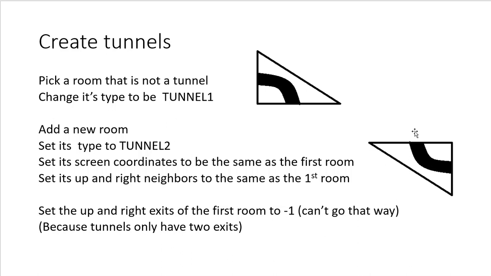In this example, we'll set the up and right neighbors of the new room to be the up and right neighbors of the original room. Then we disconnect the original room from the maze by setting its up neighbor and its right neighbor to -1, so you can't go that way. So we make a new room, hook it into the old room's neighbors, and then disconnect the old room's neighbors where you wouldn't be able to go anymore.